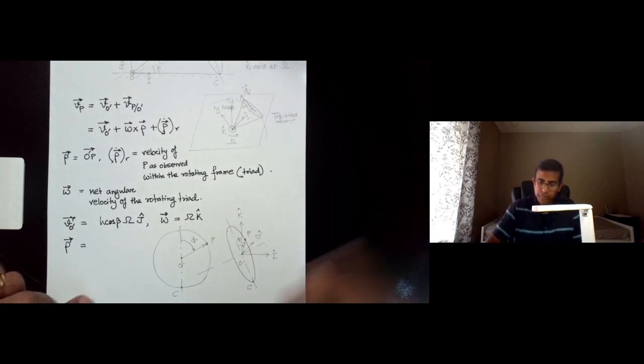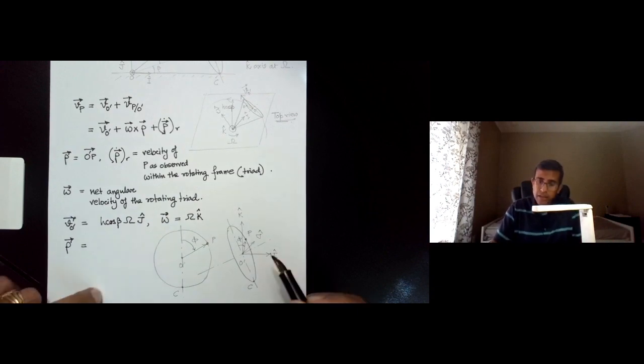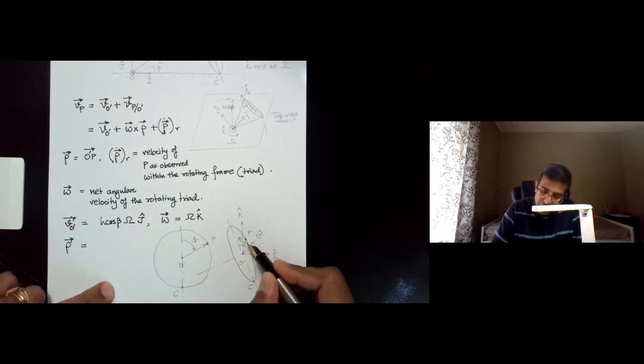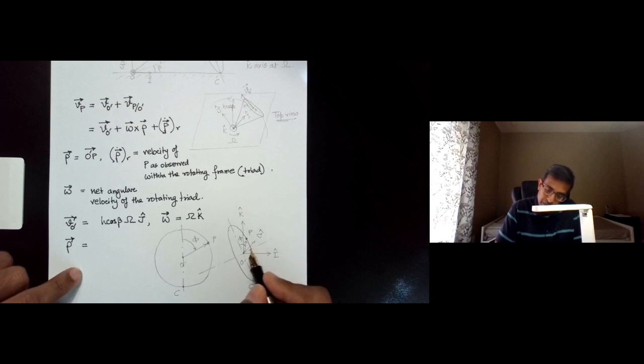So if you do a little bit of solid geometry here, the vector O prime to P, first of all, is of length small r, because small r is the radius of the base of the cone.